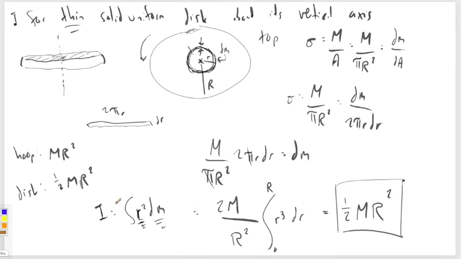Okay? All right. Let's do one more. This one is really complicated, and I do not think it will show up on your AP exam, but it's good to be able to do these expressions. We want to find an I for a uniform spherical shell. I always have to define the axis of rotation, right? About its middle.